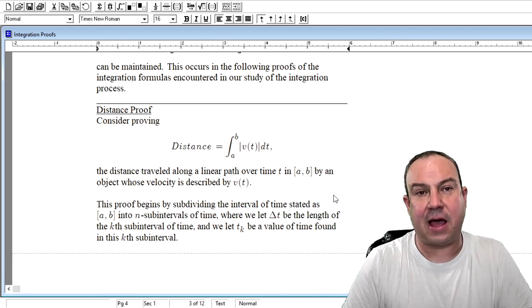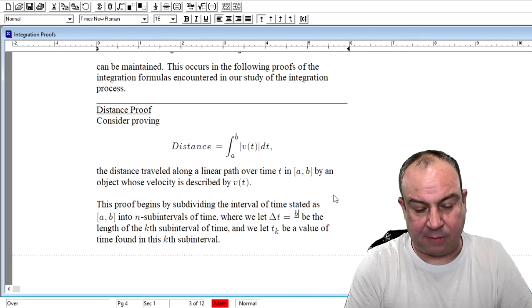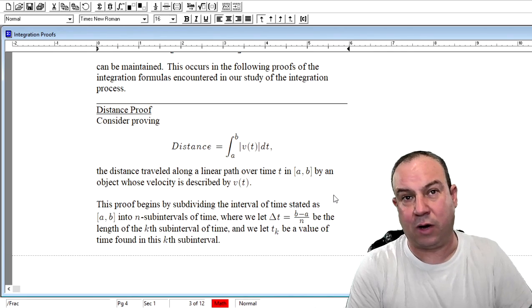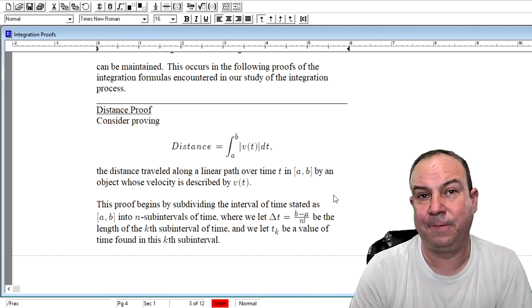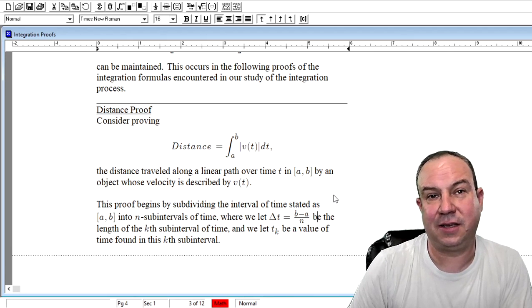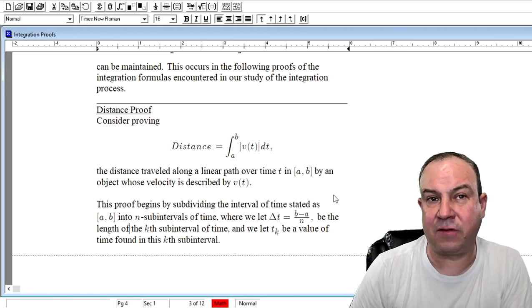And again, I might say delta t is equal to b minus a divided by n, as it was similarly in the case for delta x. It's the length of the kth subinterval of time.